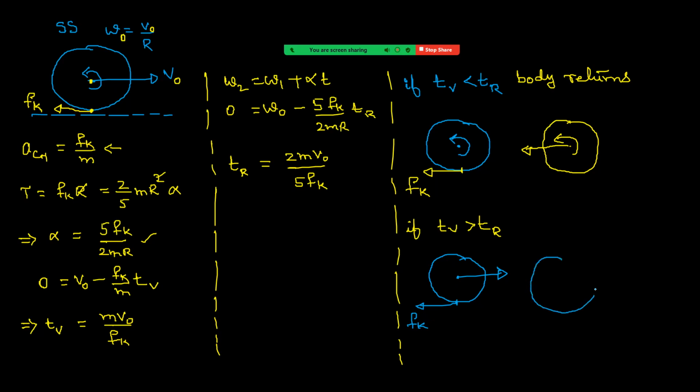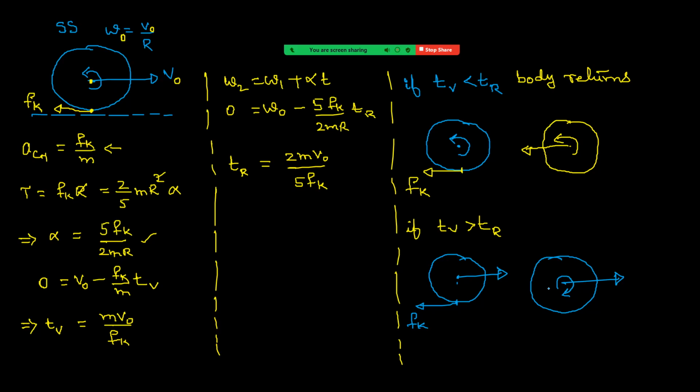Body now starts rolling. It already has velocity. Now the body starts gaining rotation, meaning omega starts increasing, but now the direction is clockwise. Up to this instant, rotation was anti-clockwise, right? Now what happens after this instant?